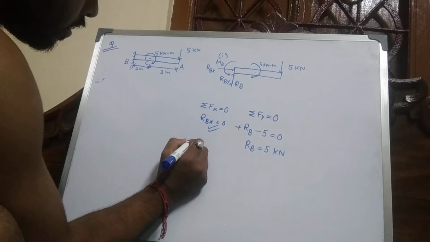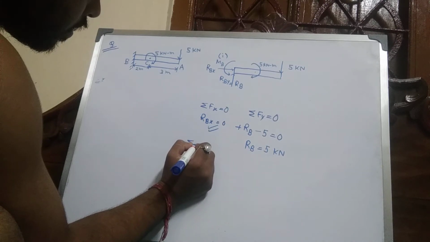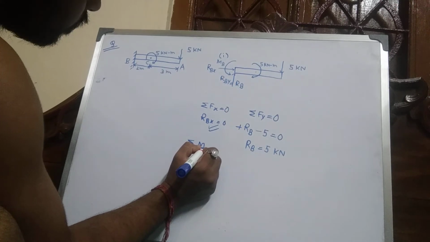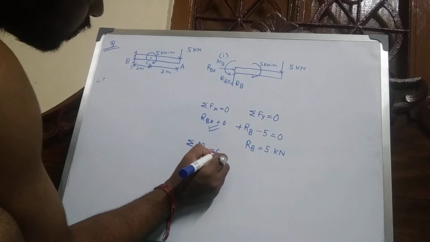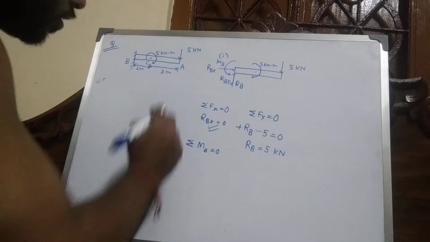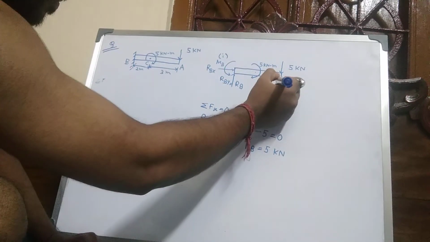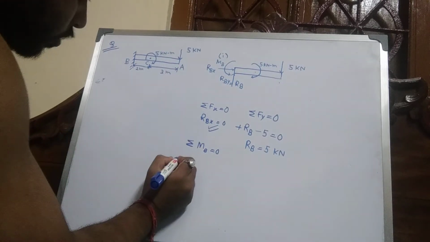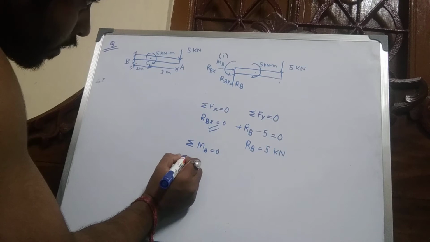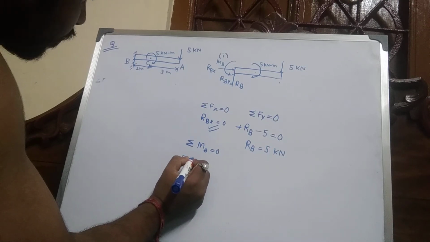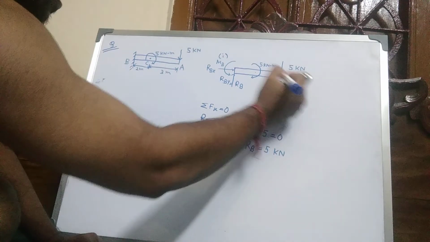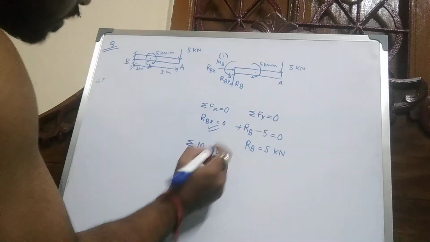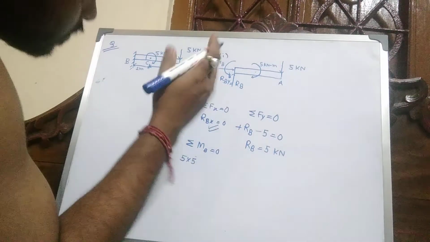And moments, summation of M about point B equal to 0. Moment clockwise sense is positive. This is point A, this is point B, the distance between point A and B is 5. So this is 5, and this is clockwise sense.